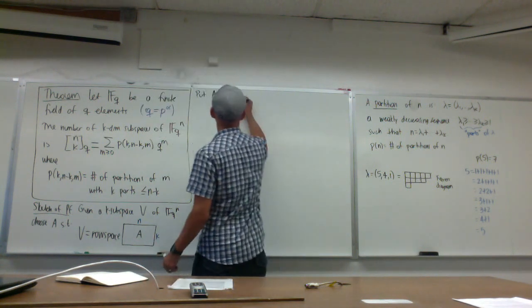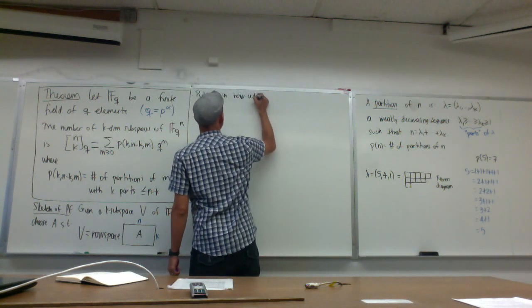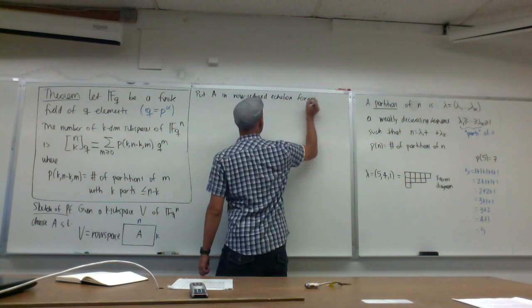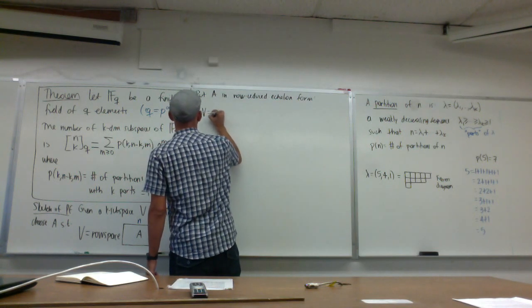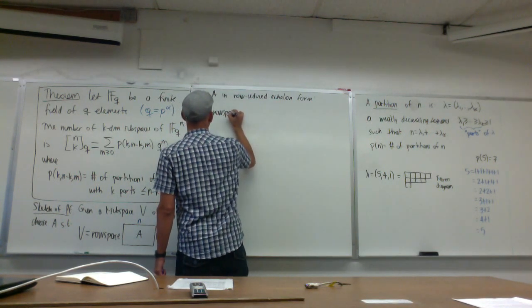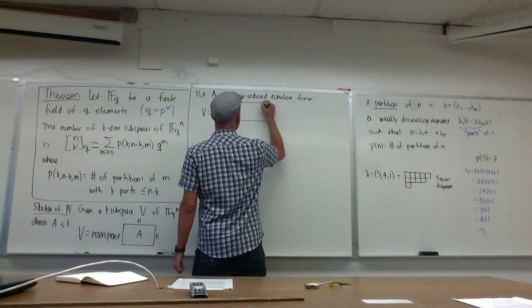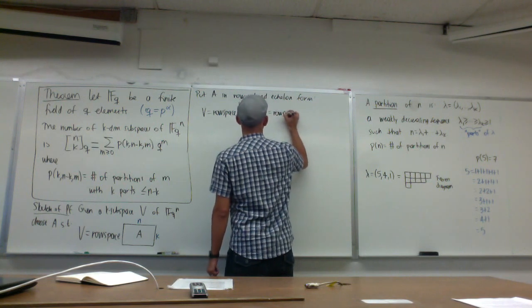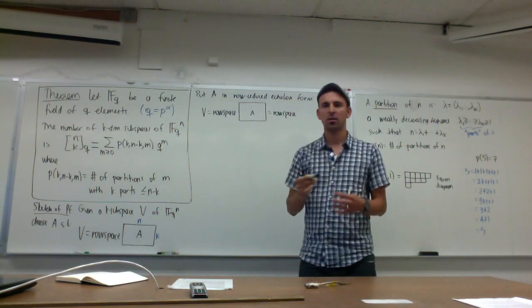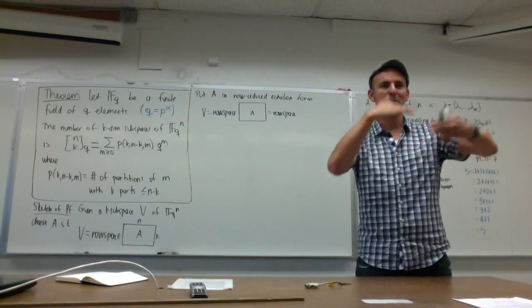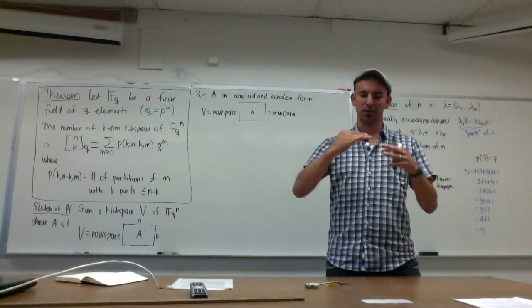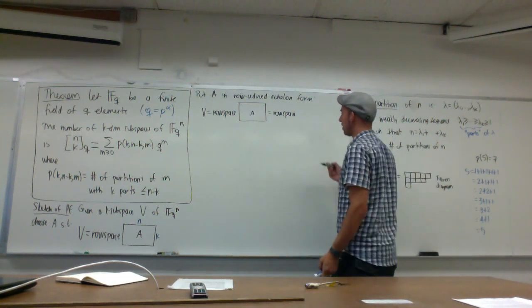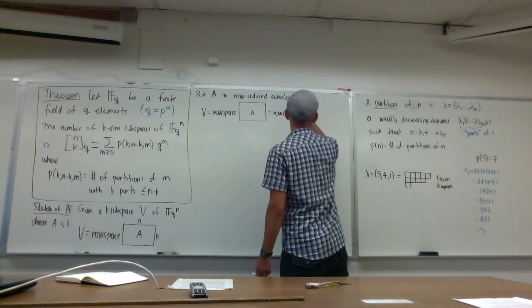Row reduced echelon form. In other words, V is the row space of A, but then what you do is that you start doing row operations to A. You have these elementary row operations. You remember, you can swap rows, or you can take a multiple of this one and subtract it from the other one. And by doing that, I can get my matrix to have a very nice shape.